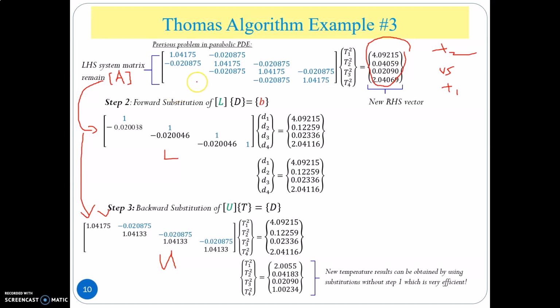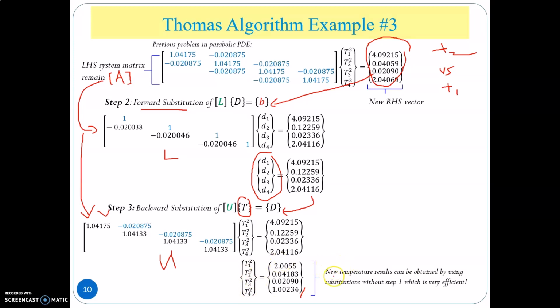Therefore, you can skip step 1 and directly continue with the forward substitution in step 2. Substitute your new right-hand side function into the V vector here and then compute the D. After you compute the D vector, you substitute it into the second equation here to compute the temperature vector. So this is the answer for the temperature at 4 points, x1, x2, x3, x4 at T2.